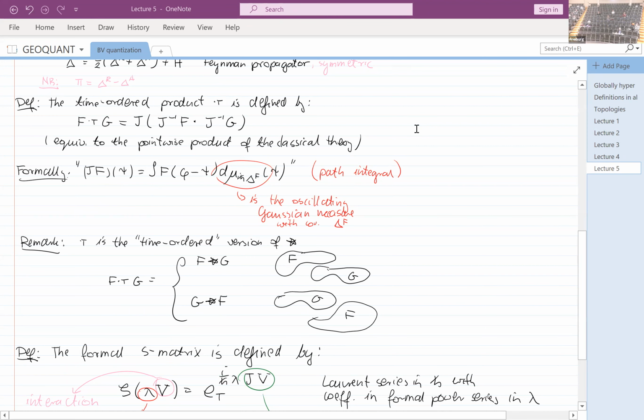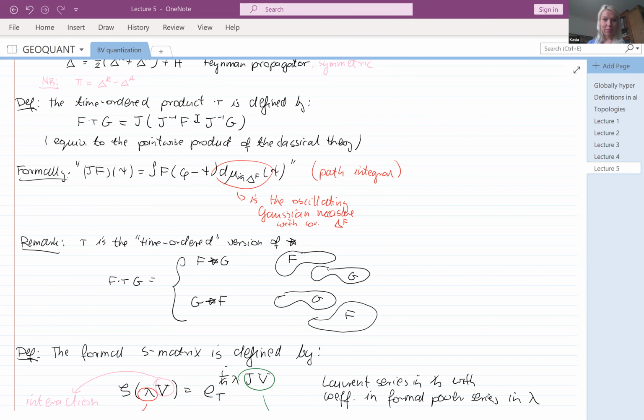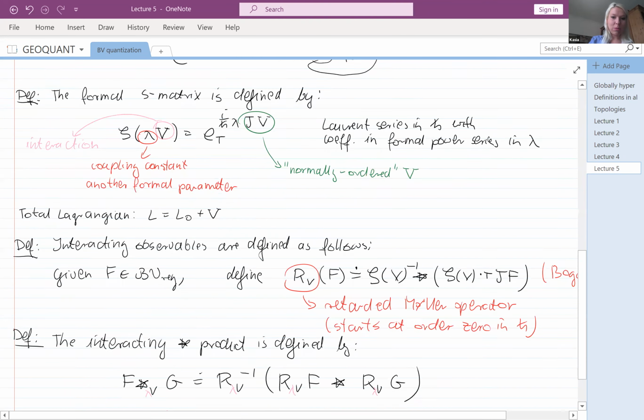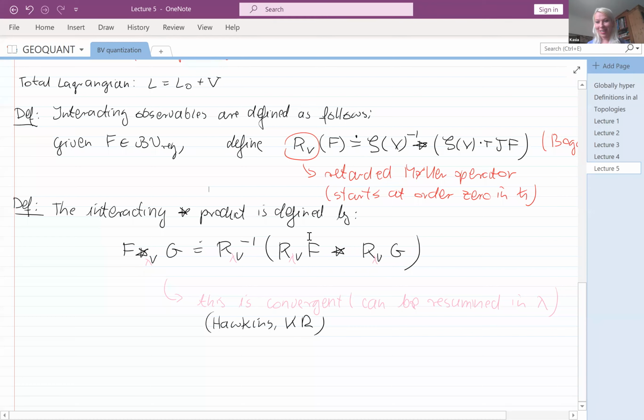Yes, I would have a question. It seems to me that the interacting star product is equivalent to the non-interacting one. Yeah. Okay. Well, it is equivalent by definition, right? Yes. Just struck me as being a little bit odd, but maybe I'm misinterpreting it.